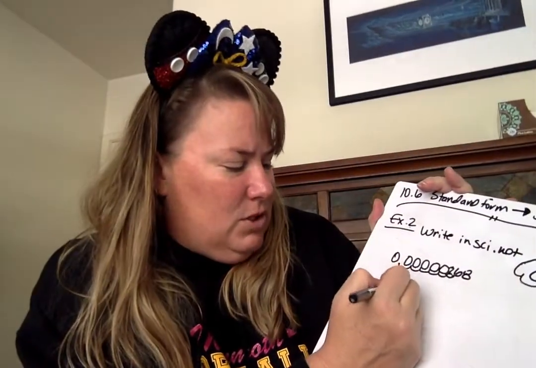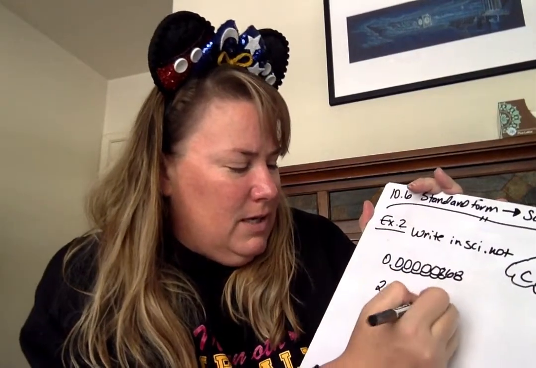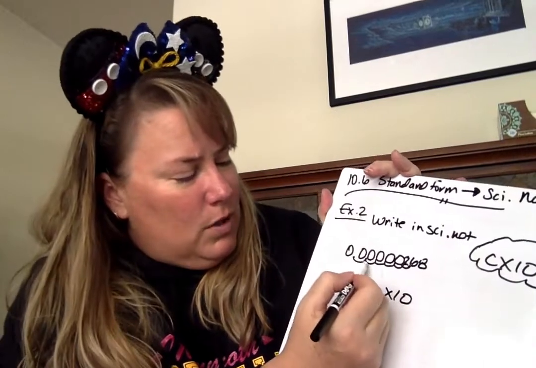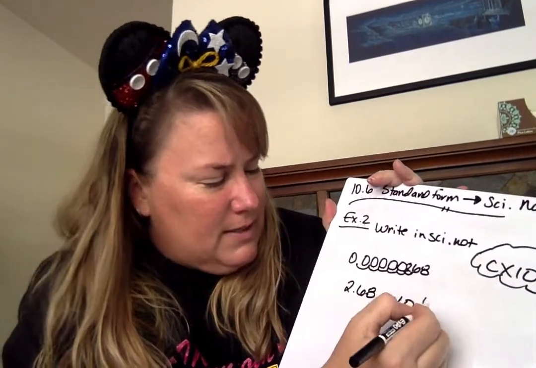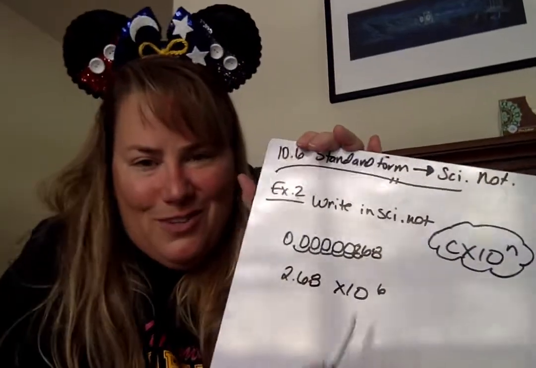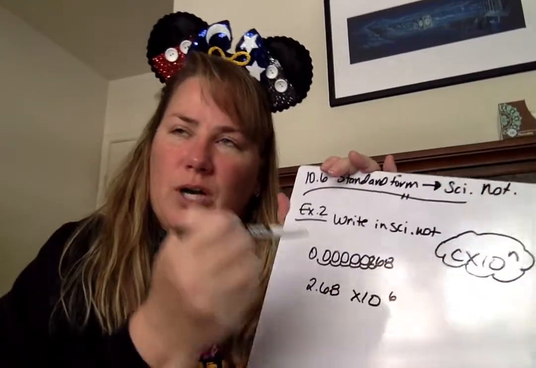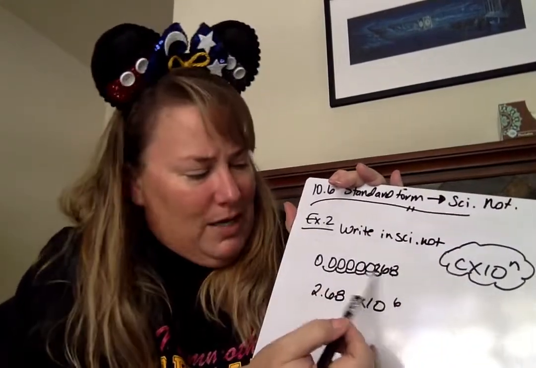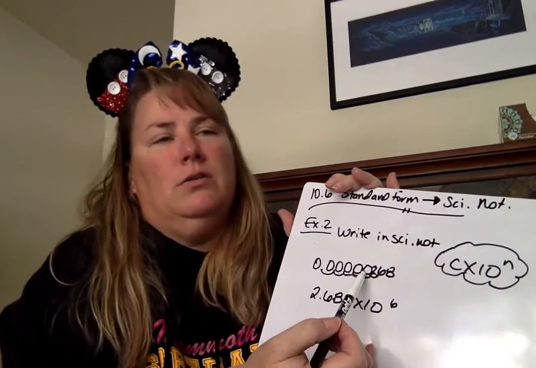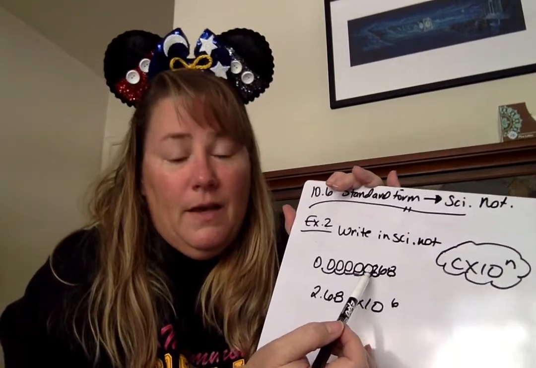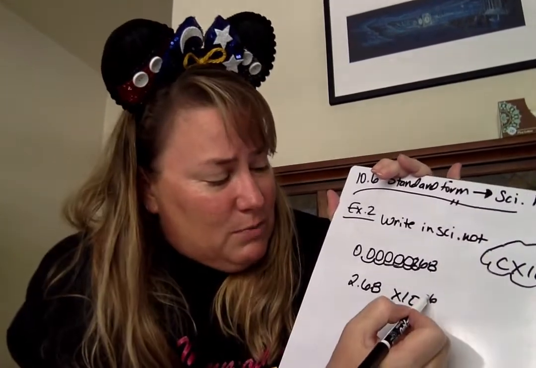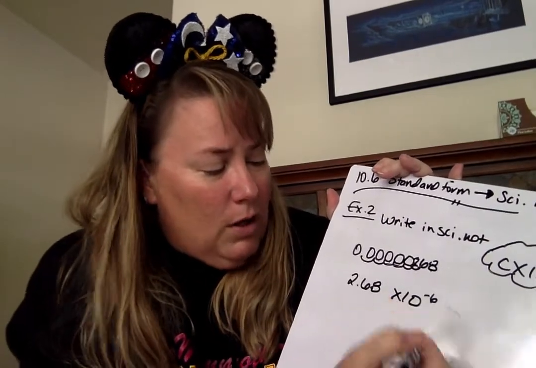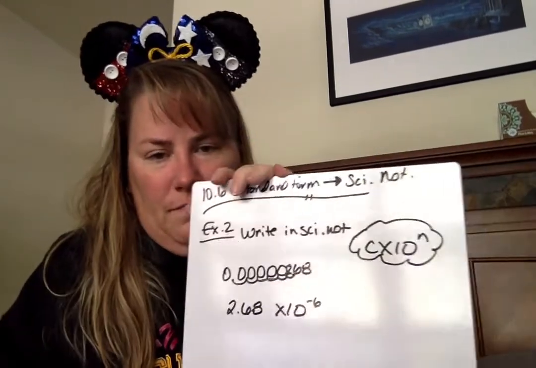And so you have 2.68 times 10, count them up, 1, 2, 3, 4, 5, 6. But if you leave it with a positive 6, that tells you your number is actually larger than 1. But this isn't. So this tells you your power is negative.